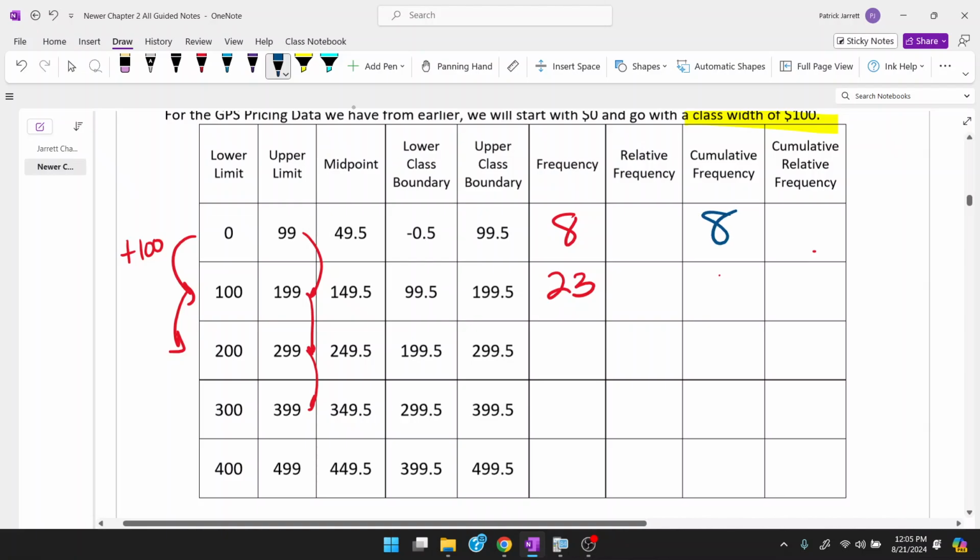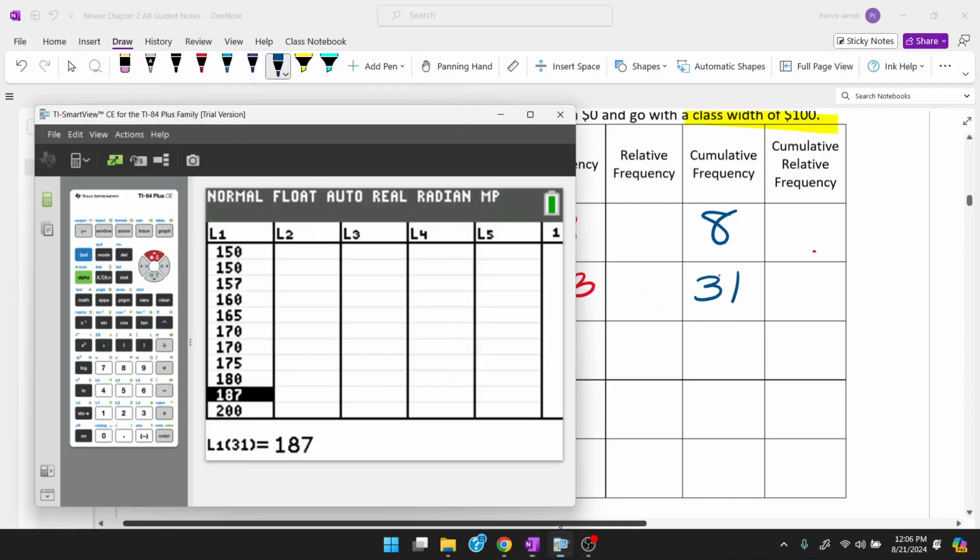Now, in the $100 to $199 group, there were 23 of them. But how many were there before? What is 8 and 23? 31. Now, here's something really cool. Look at that value here.